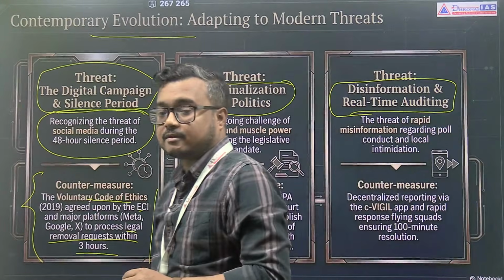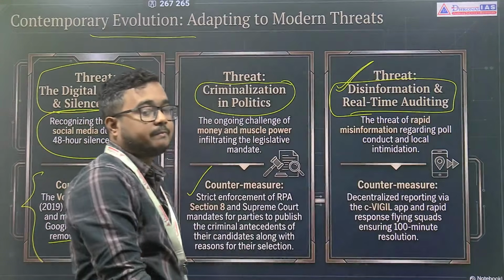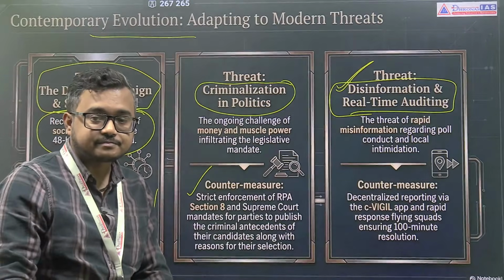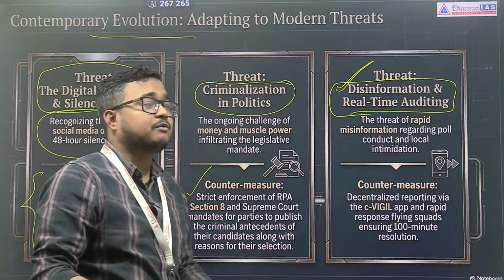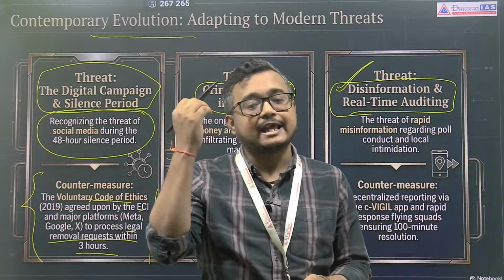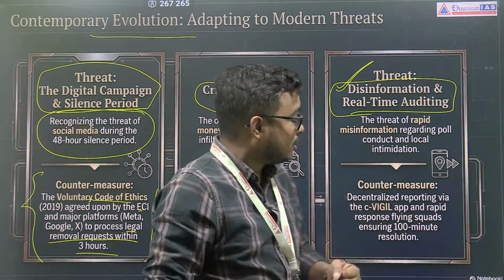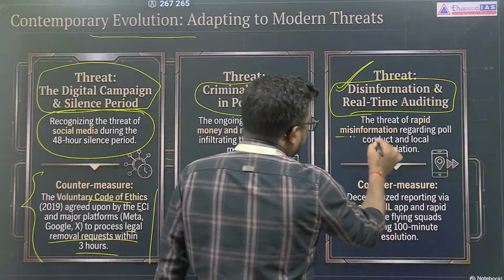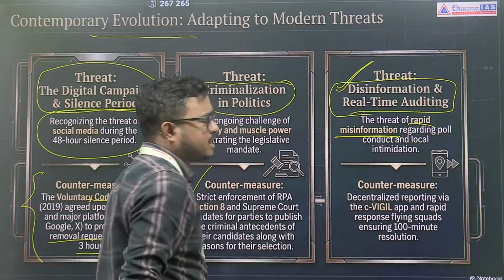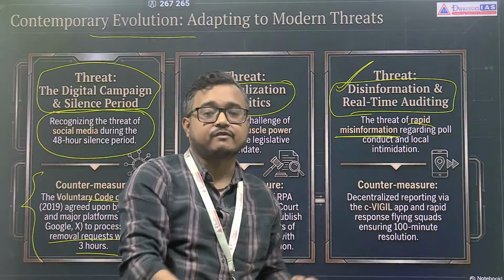What about this? Disinformation and real-time auditing. Disinformation has emerged as one of the biggest threats. Fake news, tampering, and with AI we can tamper with anything, and AIs are getting dangerous day by day, right? So in that case, rapid misinformation can simply swing a vote from one party to a different party.